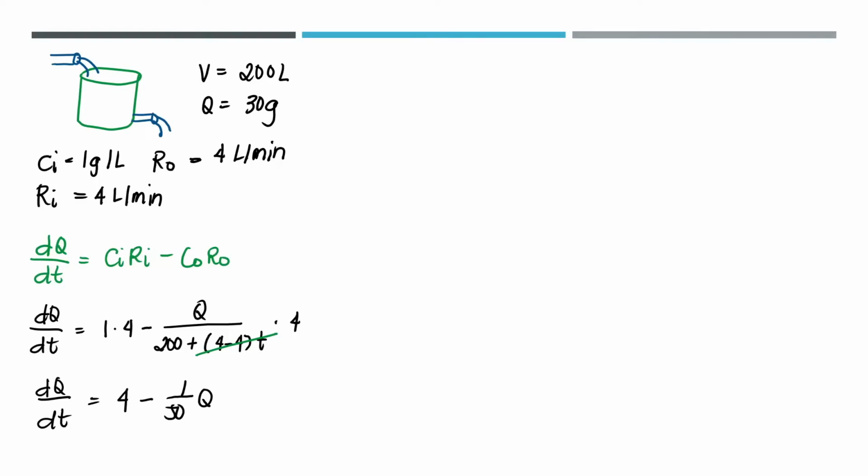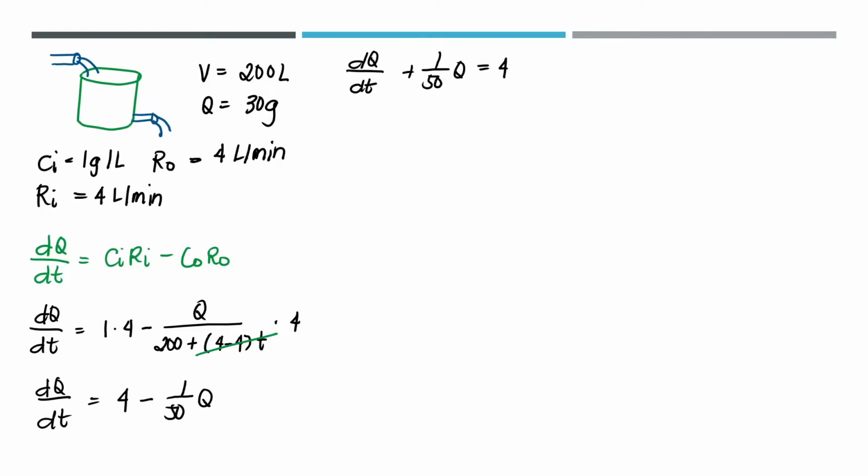So, how are we going to solve this one? This can be solved as a linear equation, but it can also be solved using variable separable. Since linear is easier and we already have the formula for it, I will use linear. So we have dQ over dt plus 1 over 50 Q is equal to 4.